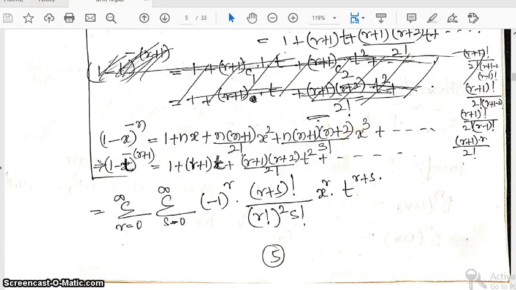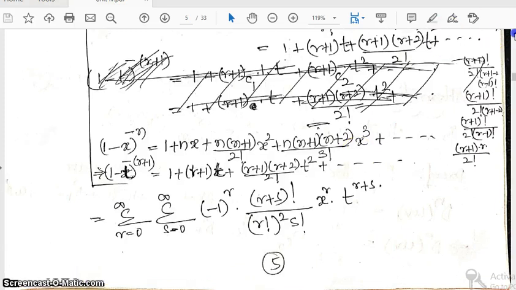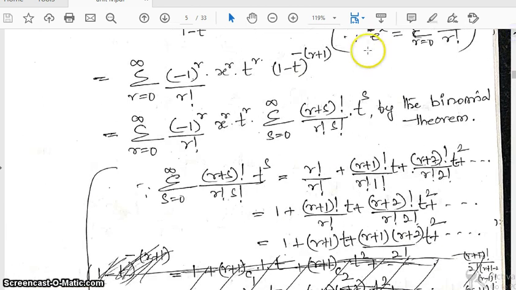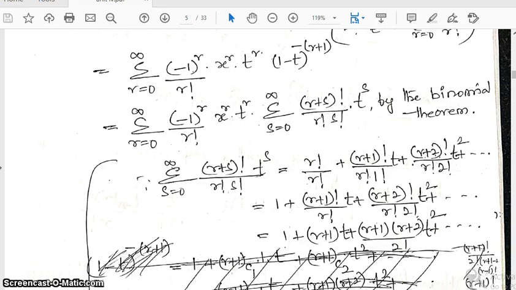So this 1 minus t whole to the power of minus r plus 1 can be written as the summation of r plus s factorial by r factorial s factorial into t to the power of s, where s is from 0 to infinity.